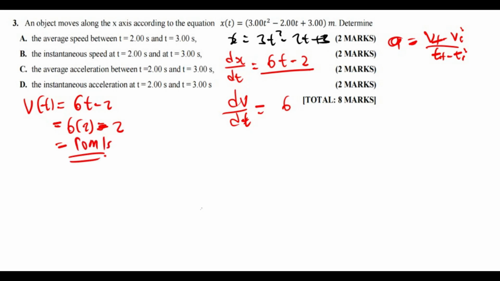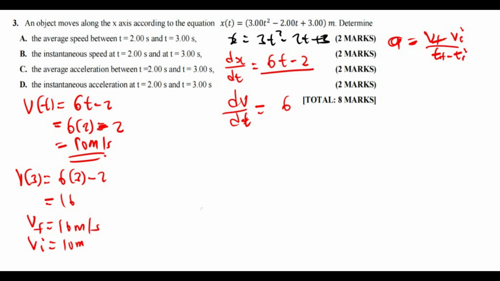It's the same thing when t is equal to 2. And when t is equal to 3, we found 16, meaning my final velocity is 16, my initial v is 10.